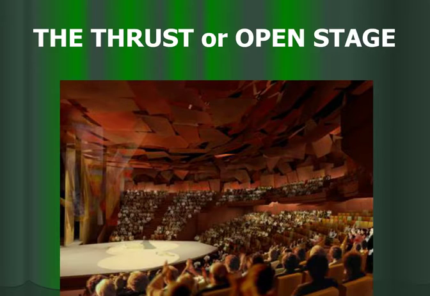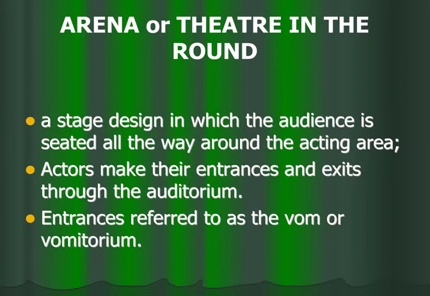This is just an audience rendition of the thrust stage, just to show you how close the audience comes versus being in a proscenium type theater. Now the arena theater, or the theater in the round, this is where the audience is seated all the way around the acting area, and the actors make their entrances and exits through the aisles of the audience, and the entrances are referred to as the vom, or the vomitorium, and that comes from the Roman theater, and they said that actors used to be thrown up on the stage, actors and Christians and gladiators.